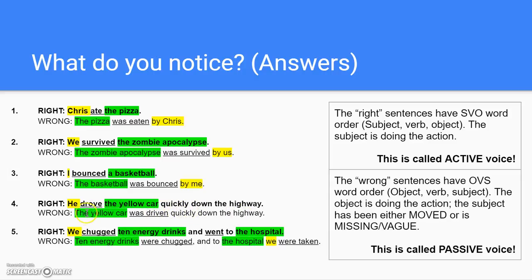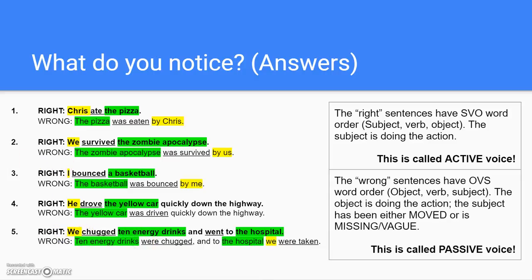Notice how in number 4, I don't even have a subject anymore. I don't know who is doing the driving. So the object has been given all the emphasis and the sentence has lost clarity, and that's a problem. For 5, 10 energy drinks were chugged and to the hospital we were taken. Now that starts to sound like Yoda, but that's a whole other story.